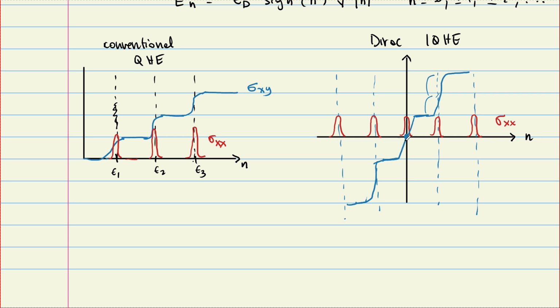Total charge 0 means there is an equal amount of electrons and holes, and an equal amount of electrons and holes means this Landau level is half filled. To fully occupy this Landau level, you need to just go half a step. Right? So this is a half step.